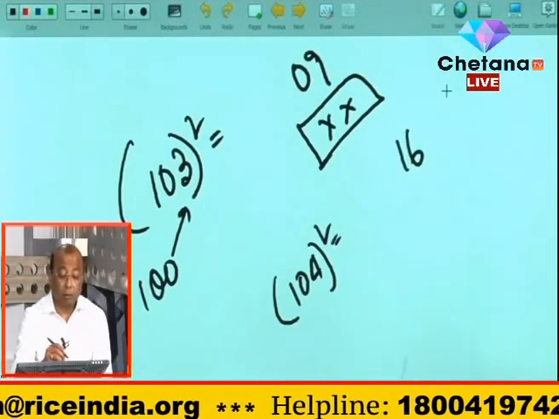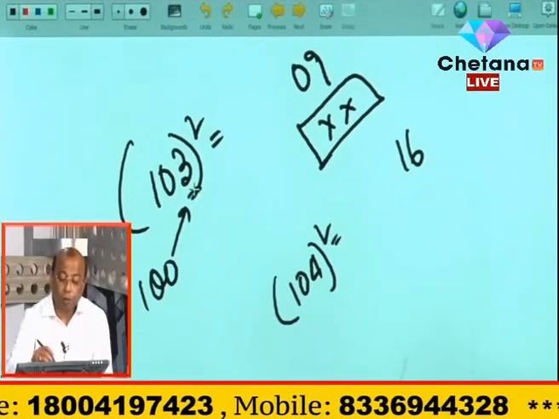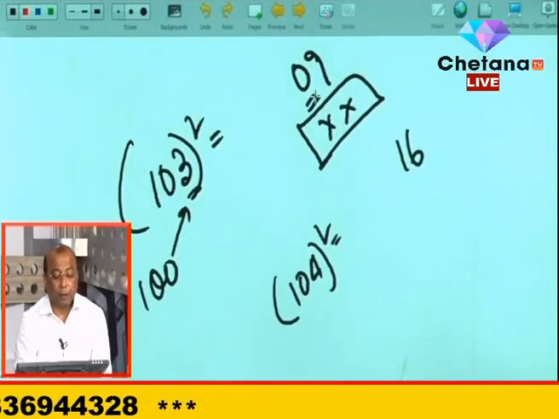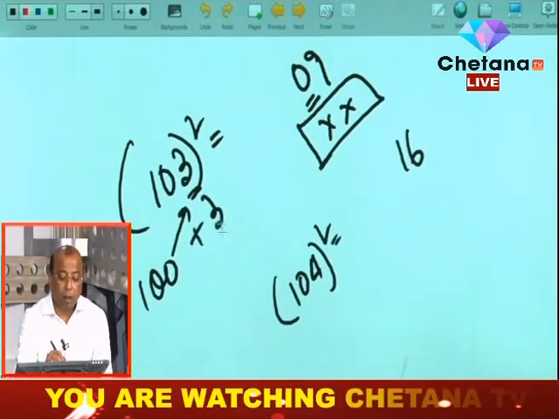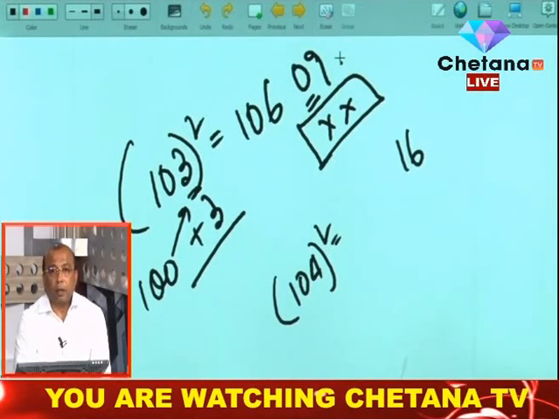But if the result is a single-digit number, we have to put a 0 here. That is 09. Clear? And what is the original number? 103. And how much more? That is 3. That is 106. That is the answer. Okay?